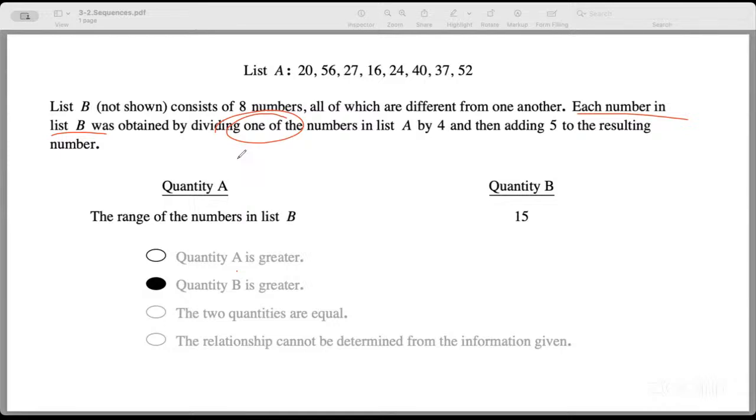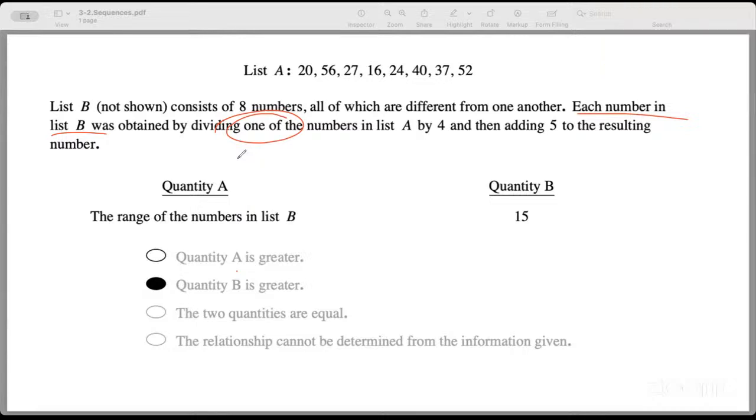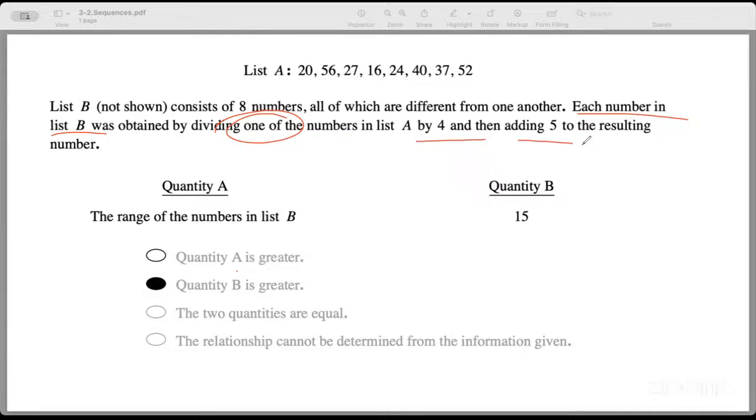So what I did was take the range: the greatest number in that set minus the smallest number, and then divided that by the number of terms, in case that's what you were asking. I submitted A and that was wrong. And it's not D because I feel like we don't have enough information to figure out what list B would even consist of. So I had no idea where to go with this one.